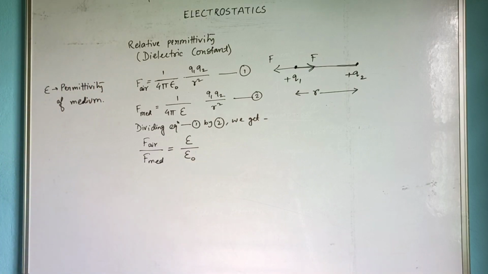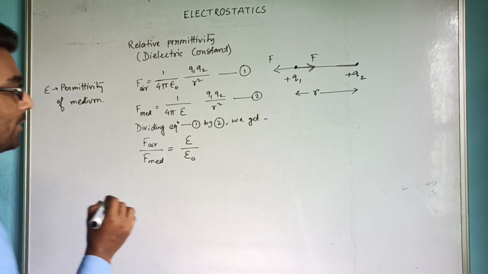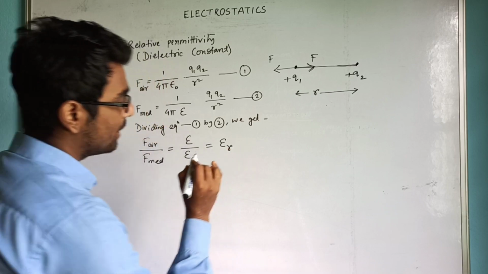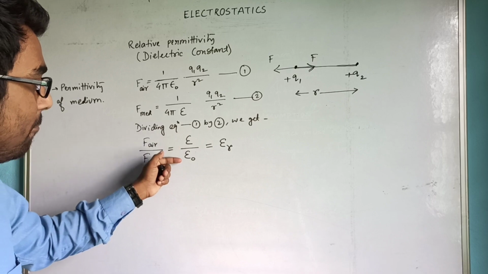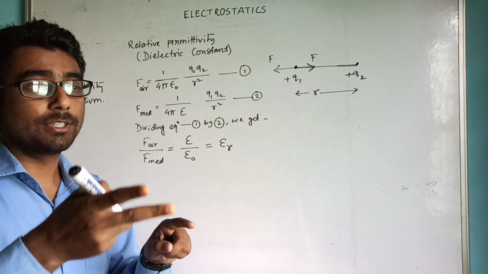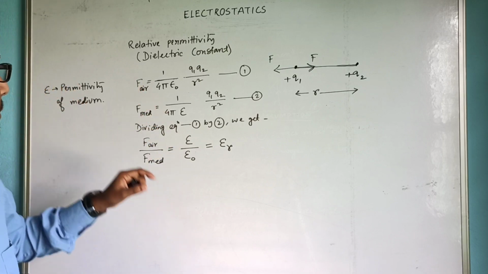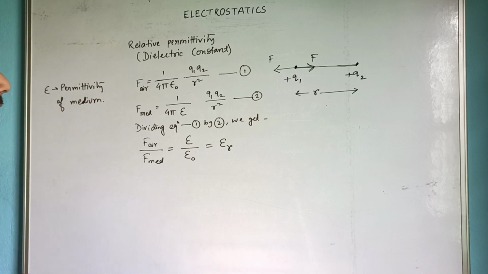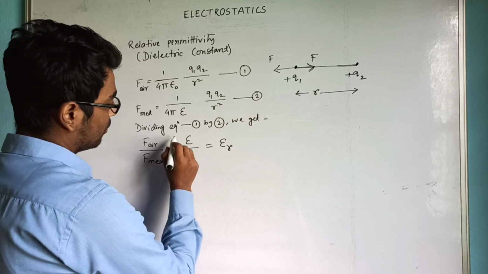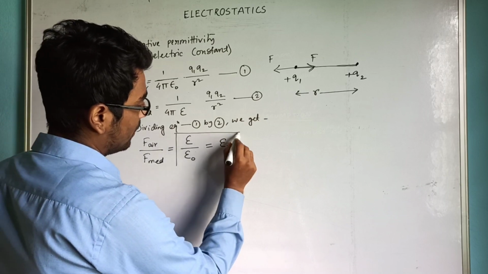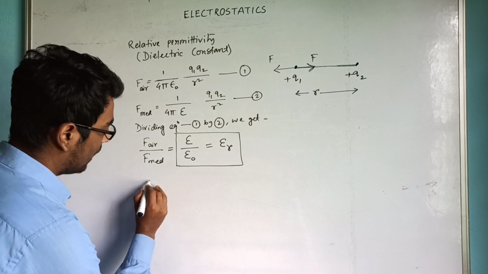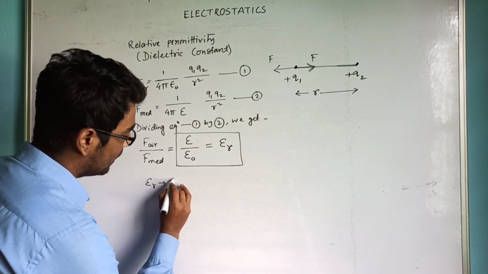So F air by F medium is epsilon by epsilon naught, and it is stated as epsilon r, suffix r. That means it is the relative permittivity. That means we relate two media here, one medium and another one the vacuum medium. So here we get another expression for epsilon r. Epsilon r is the relative permittivity.